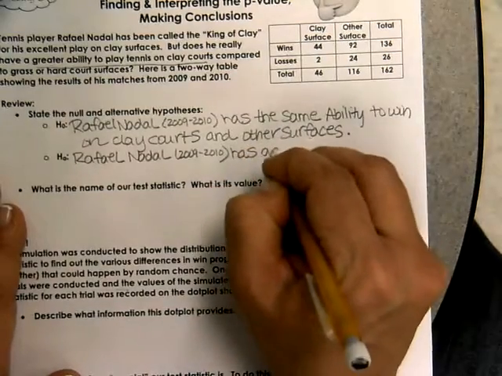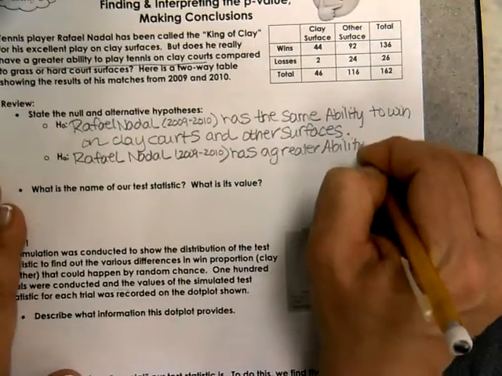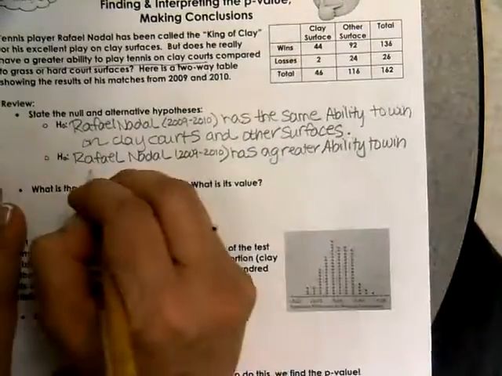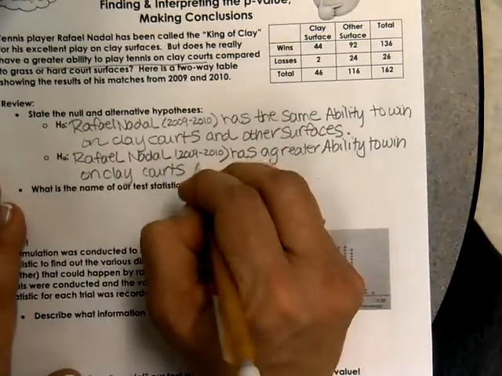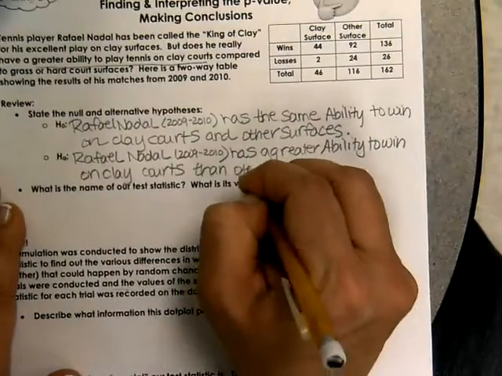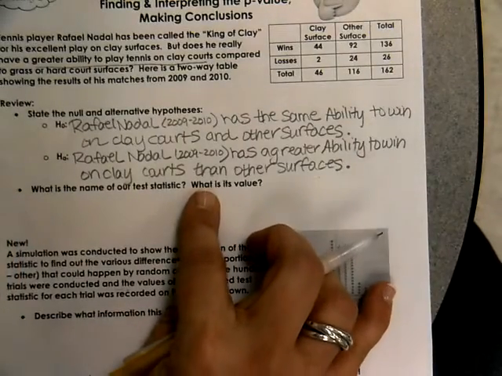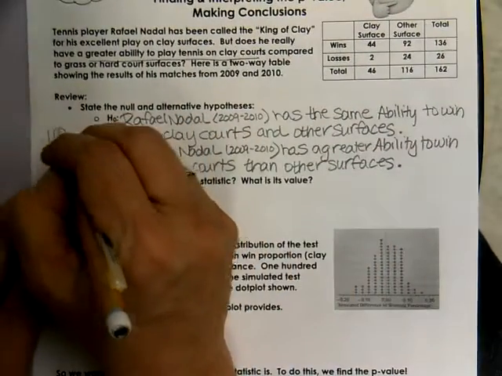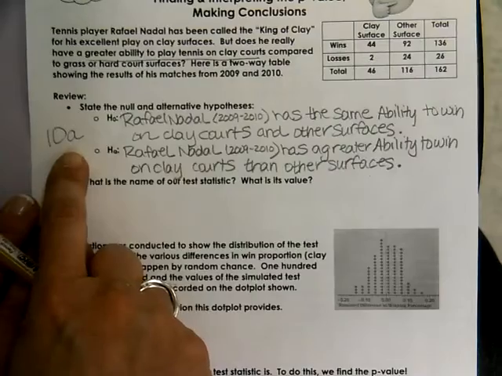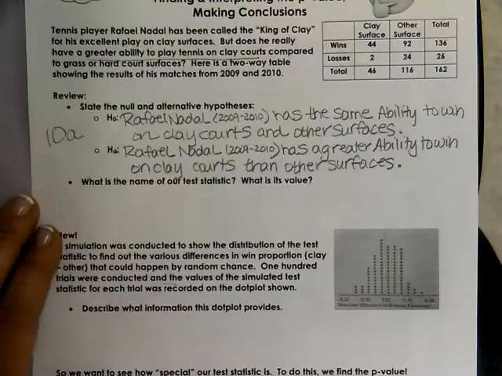So we'll say has a greater ability to win on clay courts than on other surfaces. So that is review from what we did the other day. This is what your answer for something like 10A in the homework tonight should look like. A null hypothesis and an alternate hypothesis.